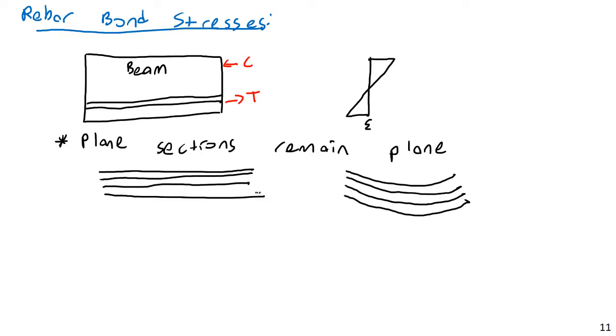Okay, so we have that, but in order for plane sections to remain plane, things have to remain bonded together. Or I should say, in order for this to be true, subsequent layers must remain bonded together.